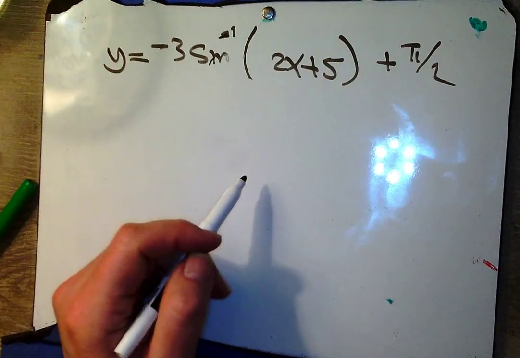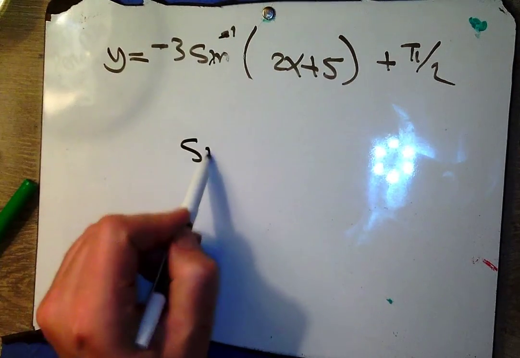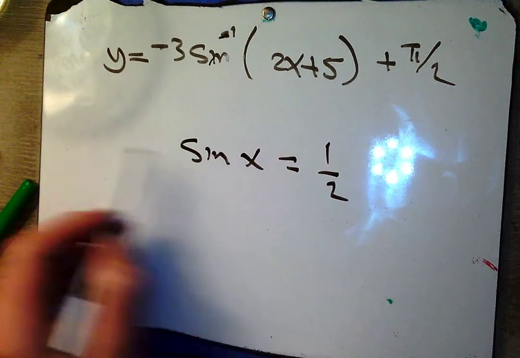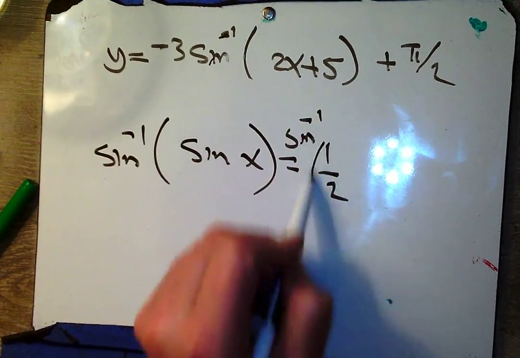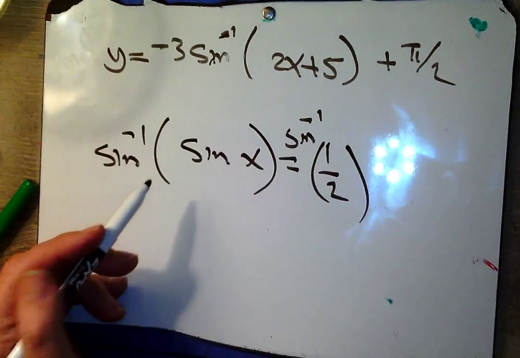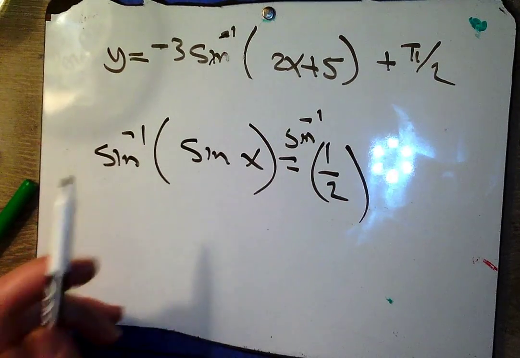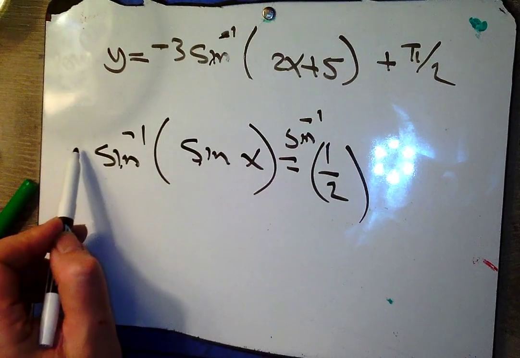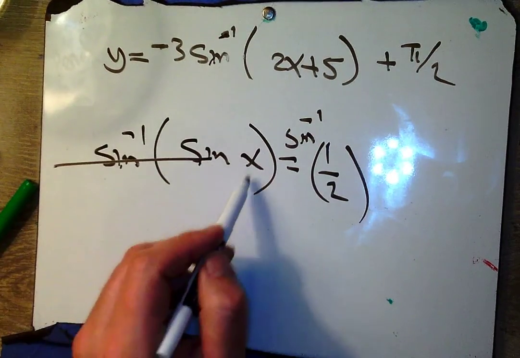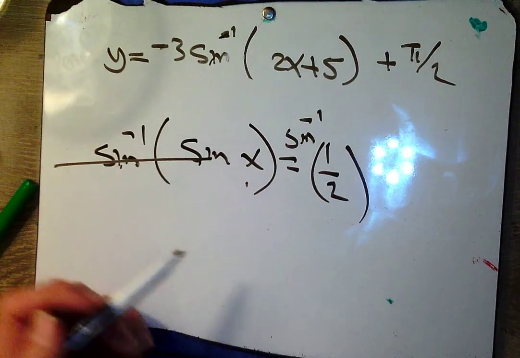That's inverse sine, right? When we had sine x equal to 1/2, we took the inverse sine of each side, not the reciprocal of sine. And I'll show you why in just a second. Inverse sine and sine cancel each other out, leaving me x equals sine inverse of 1/2.